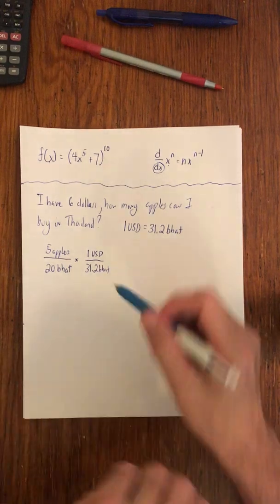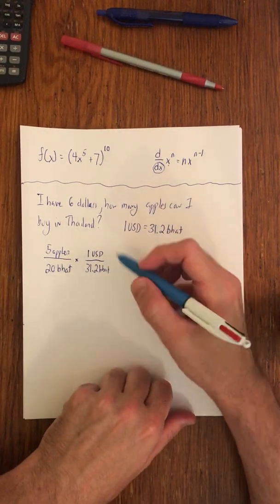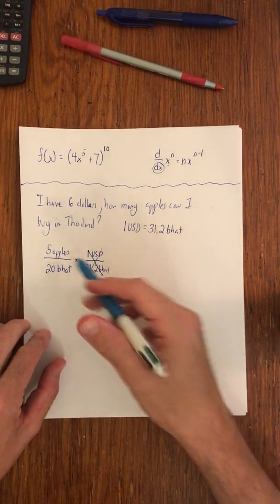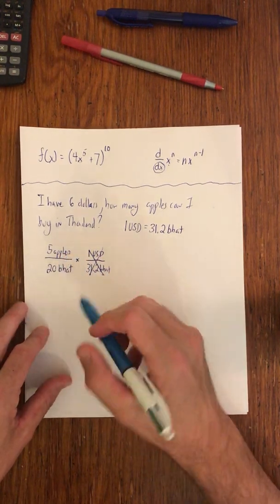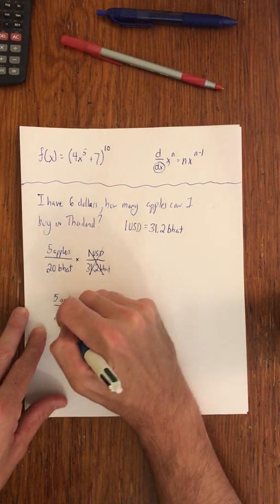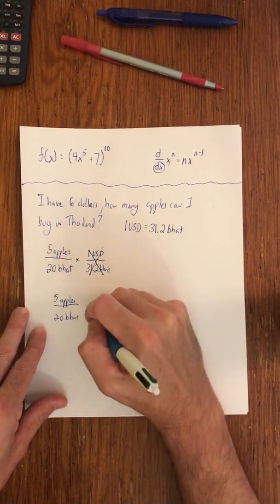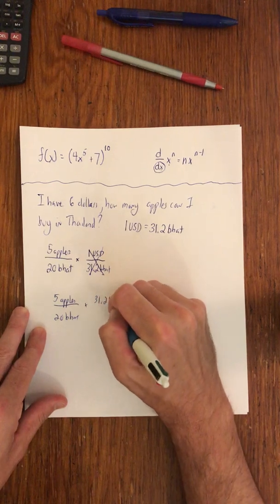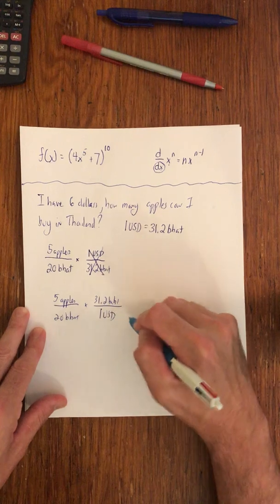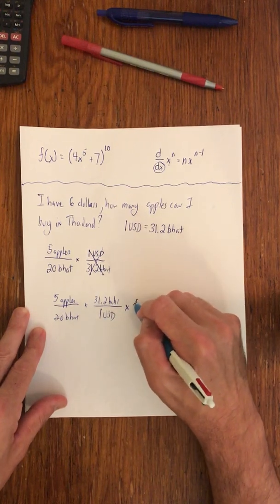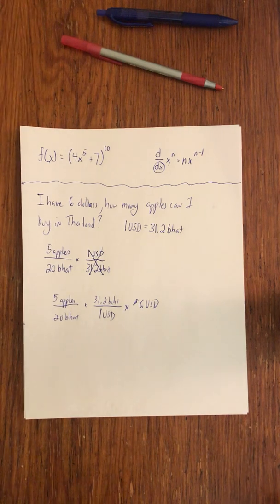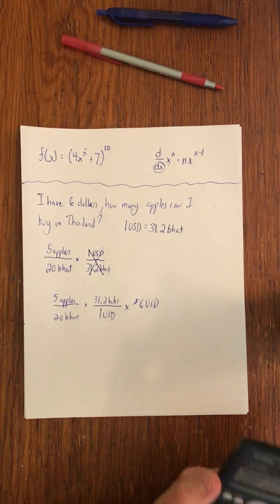No, that doesn't work, because if you notice I've got 2 bahts in the bottom that's not canceling out. Darn it. And I want apples on the top, definitely, because that's what I'm looking for. So let's try that again. 5 apples over 20 baht times 31.2 baht per $1 US, and then times $6 US. And if I do this out, I should get my answer.